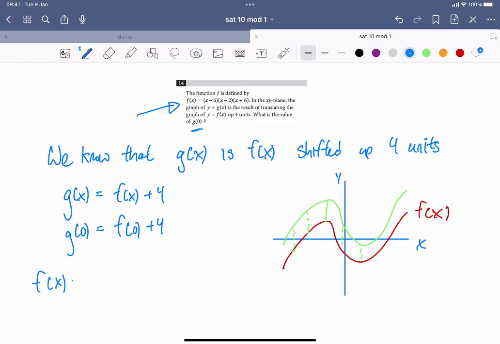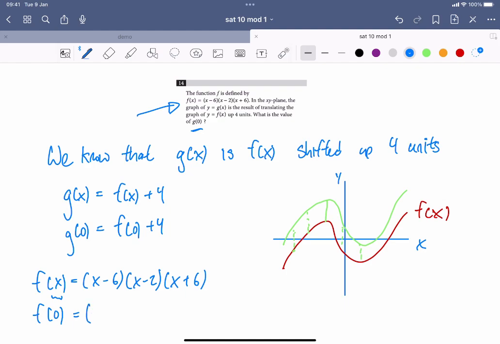So I'll rewrite the entire equation again. f of x equals x minus 6, x minus 2, x plus 6. Just reviewing from functions, f of 0 just means that you're replacing every variable x with a 0. So for example, if there was some y variable, you would just leave it as a y and you wouldn't plug in 0 for it, only the x's.